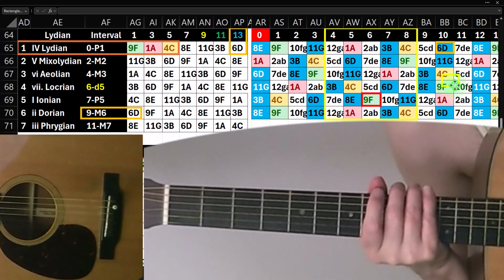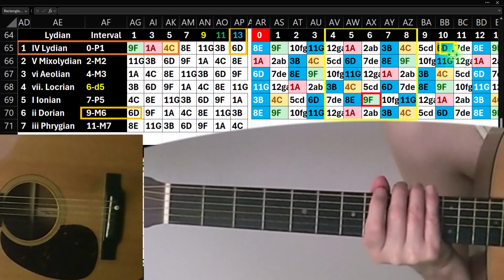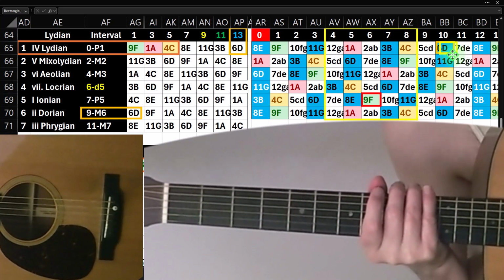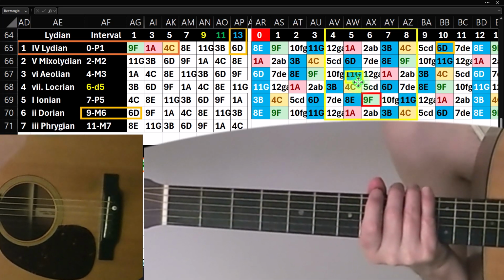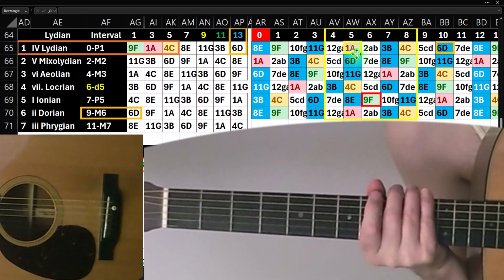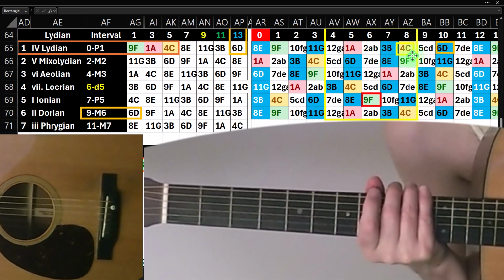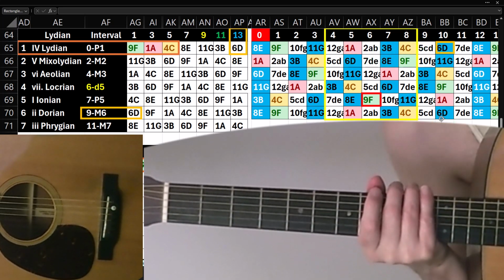So if it's a D here, it's going to be a D on the top string. If I counted out on the top string, I would have to take the inverse distance, 12 minus 9, which would be 3. So let's count it out this way.